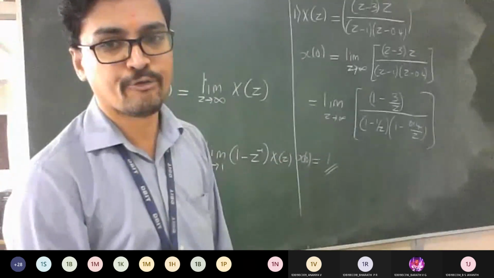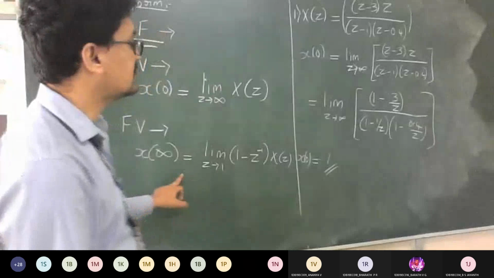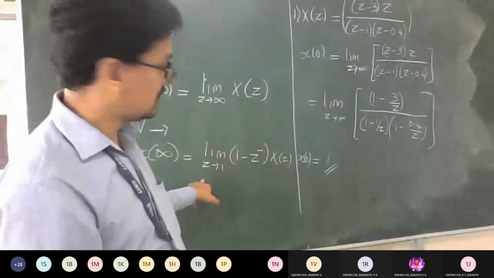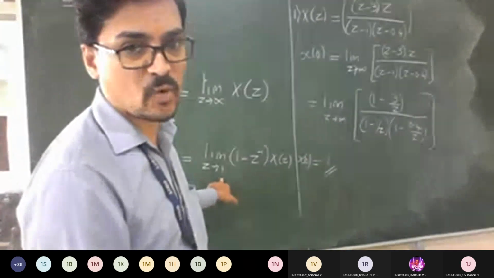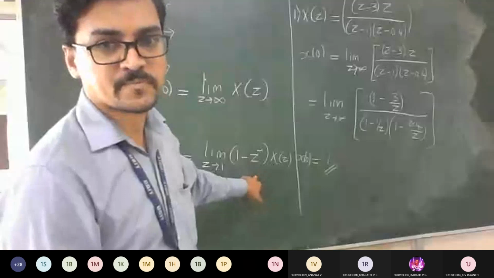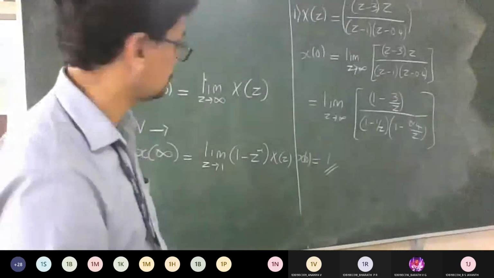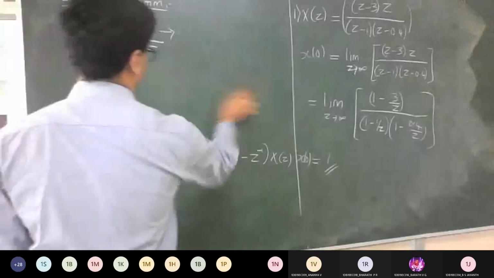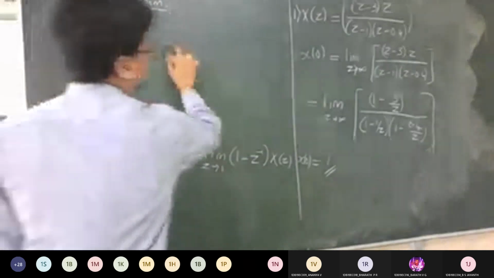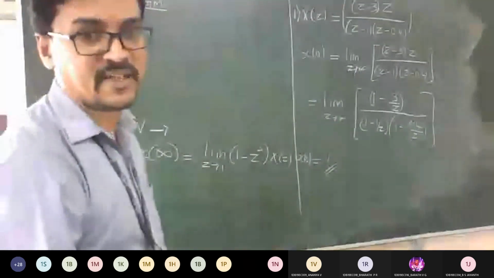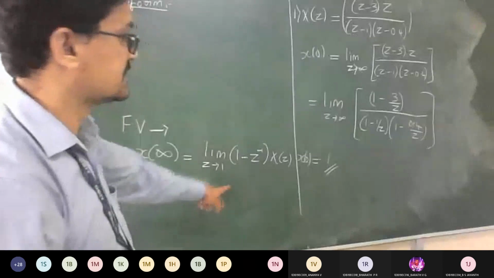Similarly, perform the final value theorem, but what only changes, guys? You need to apply the limit as z tends to 1 with this formula. Check this and tell me the answer. Apply the final value theorem concept with this limit.